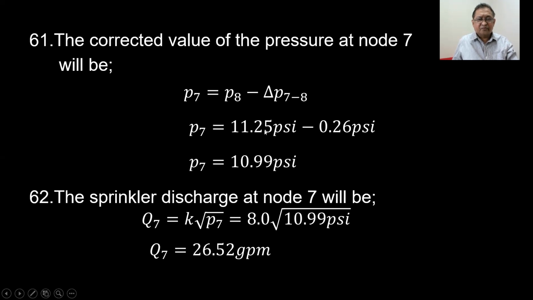So 11.25 PSI minus 0.26. The resulting pressure P sub 7 will be 10.99, and the sprinkler discharge at node number 7 can be calculated at 8.0 times the square root of 10.99. The result sprinkler discharge for node number 7 will be 26.52 gallons per minute.